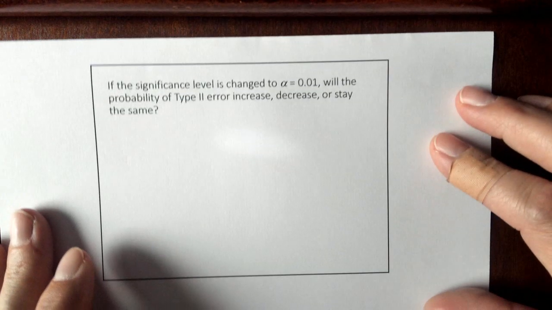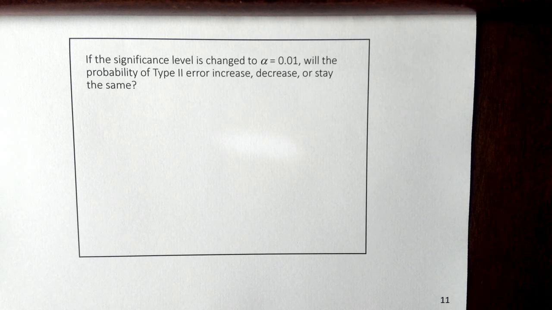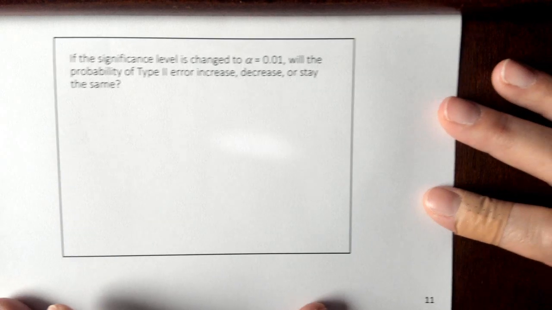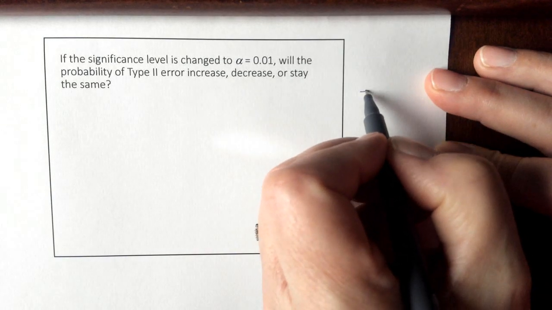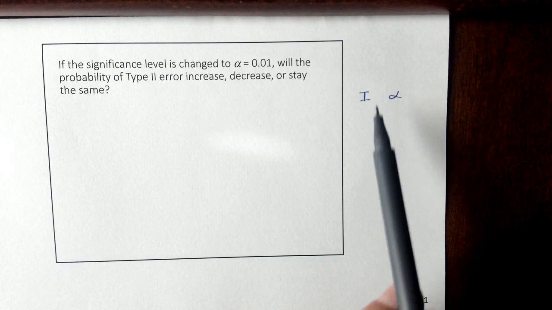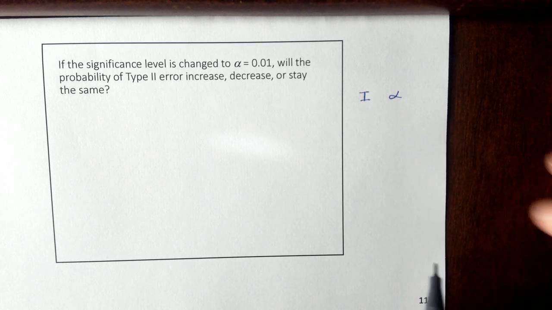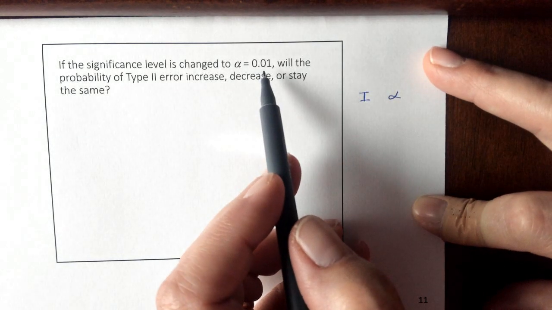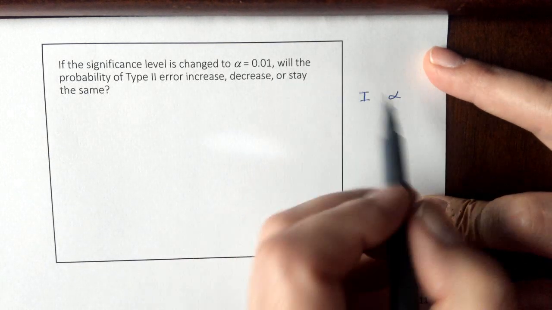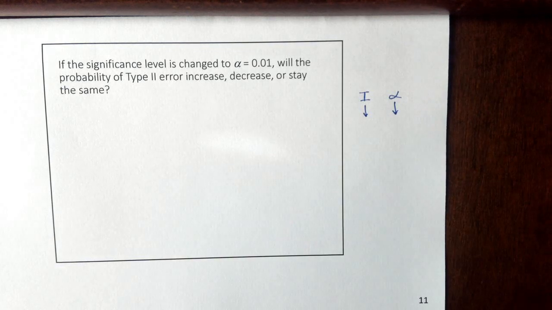Okay. If the significance level is changed to 1%, will the probability of a type 2 error increase, decrease, or stay the same? So here's what we learned in previous chapters. Type 1 error and alpha are related to each other. The probability of type 1 error is alpha. So if alpha goes down, so we were at a 5% alpha level, so alpha has decreased, which means type 1 error has also decreased.